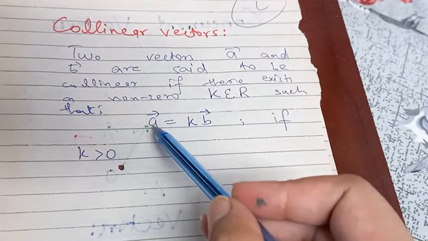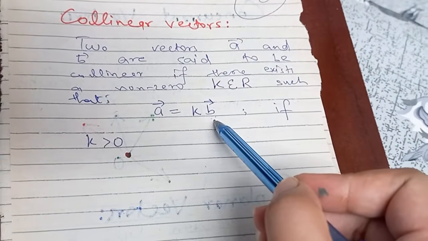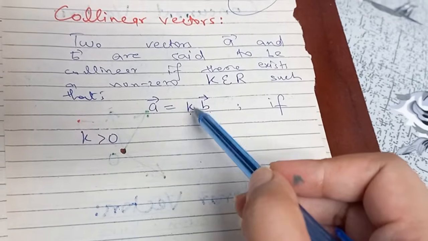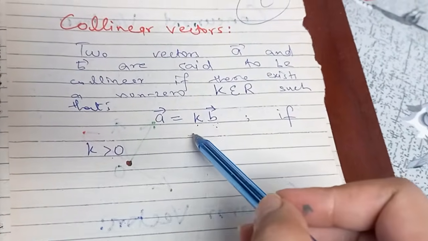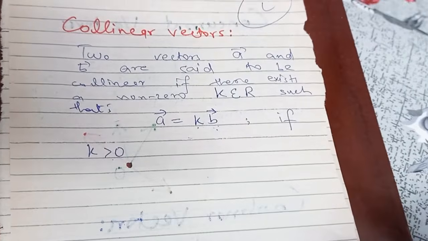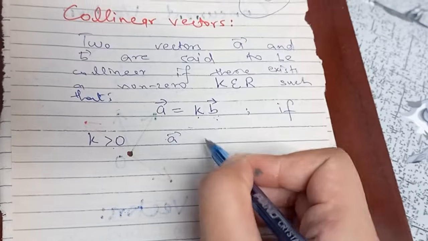That is why A and B will have the same direction if k is greater than 0. If k is negative, obviously their direction will be opposite to each other, they will be anti-parallel. So if k is greater than 0, A and B are parallel.